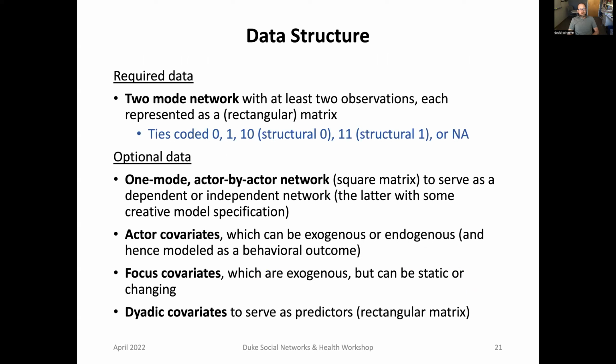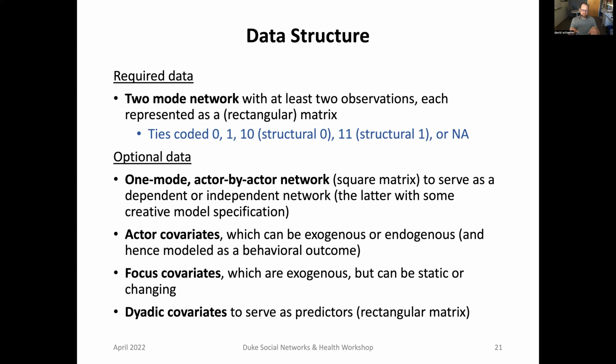Okay. All right, now let's talk about what's needed to model change in a two-mode network. Really, all you need is a two-mode network observed at 2 points in time. That's it. You don't need anything else.